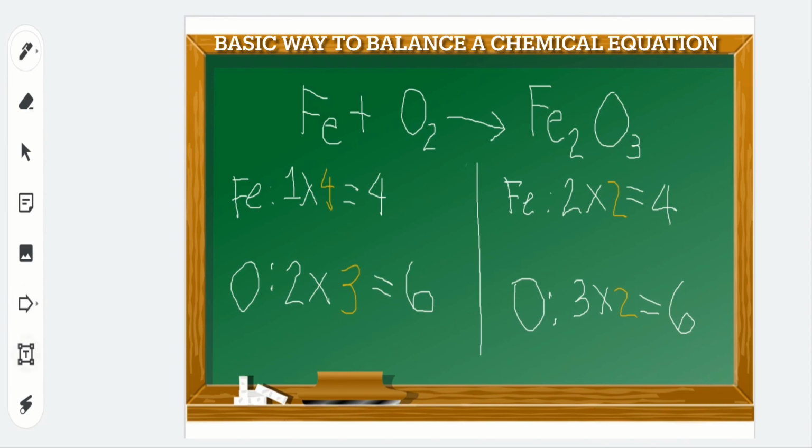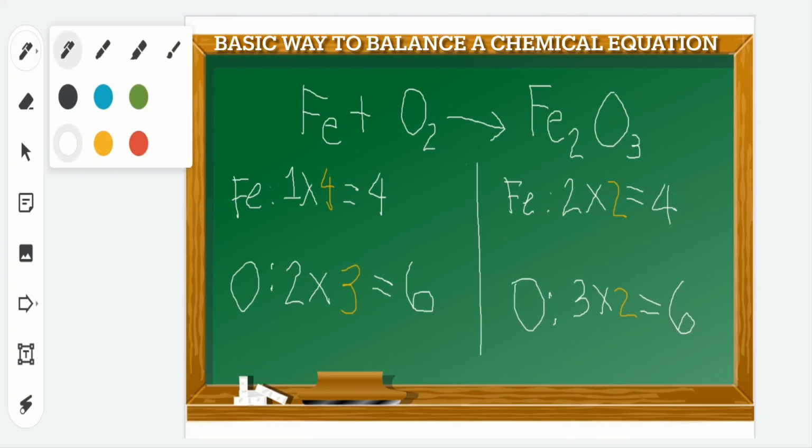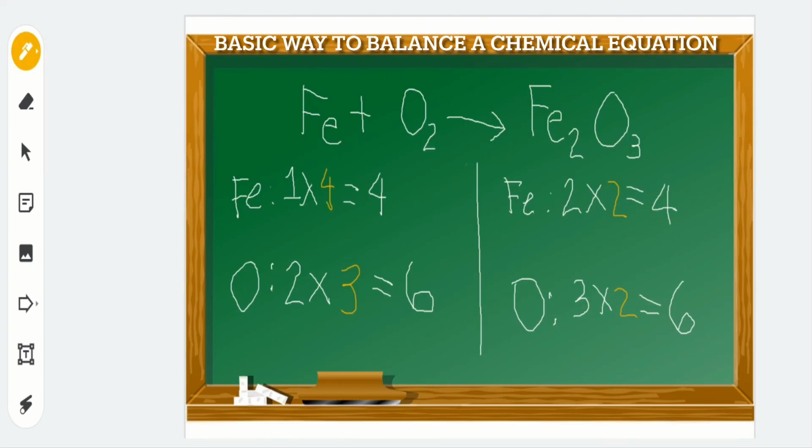So, tingnan natin ulit. Number of iron dito sa reactant at dito sa product, parehas? Yes. We have 4. And here, number of oxygen dito sa reactant, we have 6. Dito naman din, we have 6. So, parehas, equal. So, definitely, ang ating coefficient na ilalagay dito sa reactant side, dito sa ating iron ay 4.